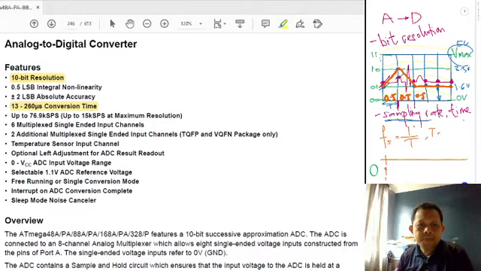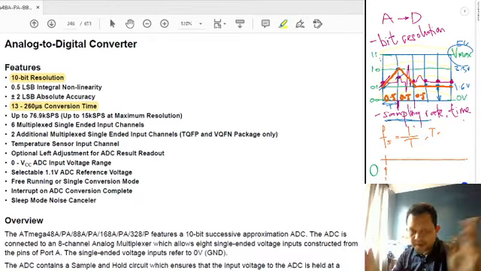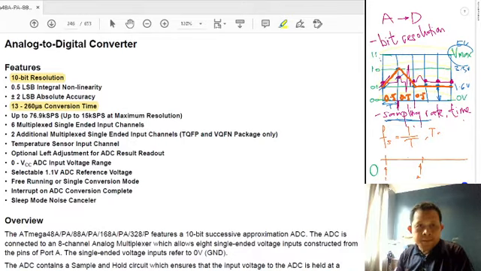Then our second conversion happens over here. But the conversion time in the datasheet that was highlighted just now is 260 microseconds. It's not actually the T over here.